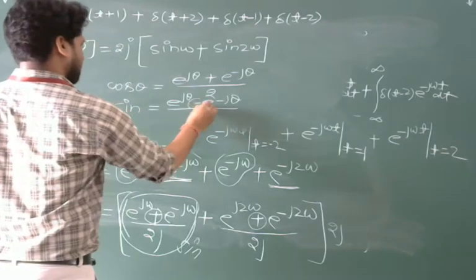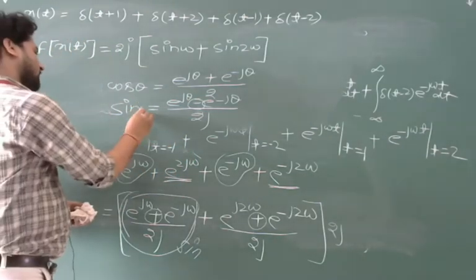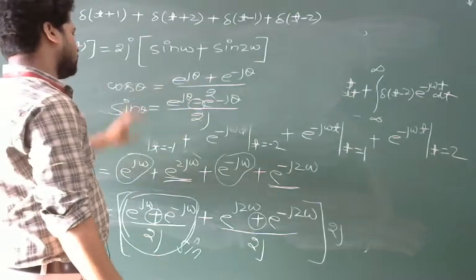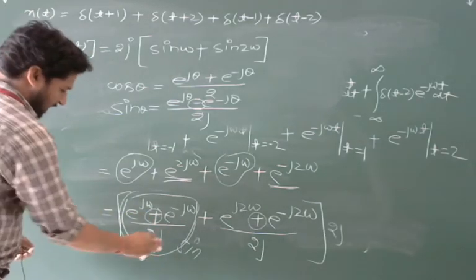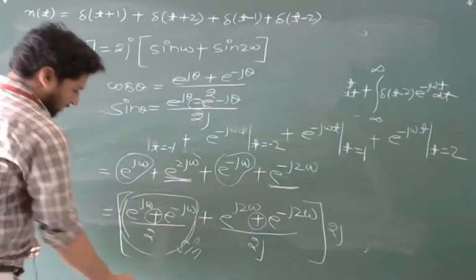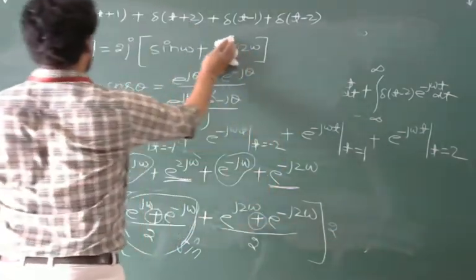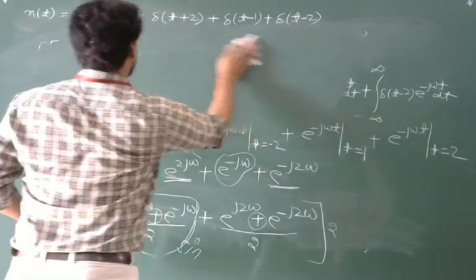It means that if it is a minus sign, then it will be converted into sine, and if it is a plus sign, then it will be converted into cosine. So I will not multiply and divide by 2j, I will divide by only 2, and this will become cos ω plus cos 2ω.